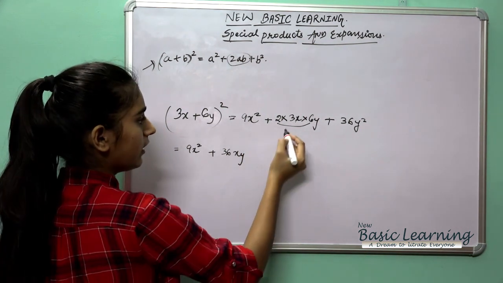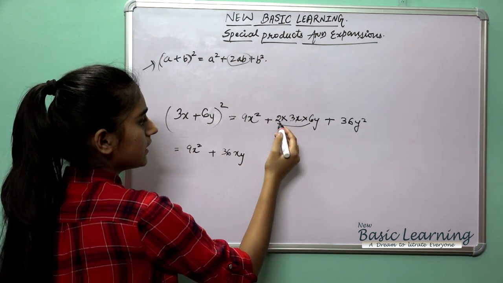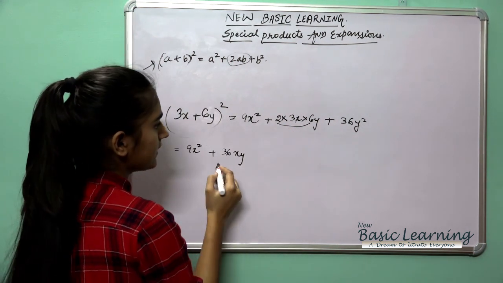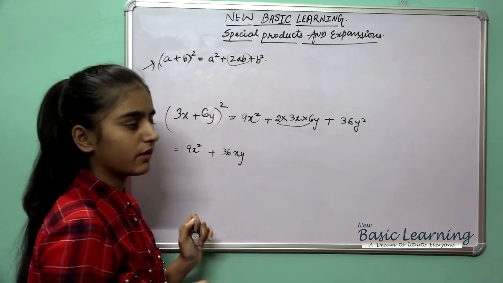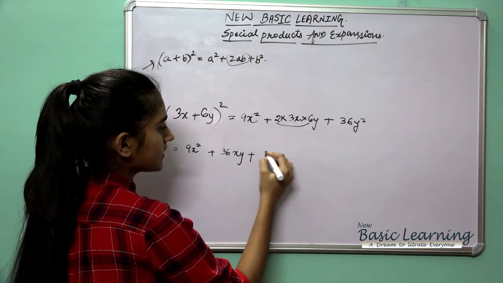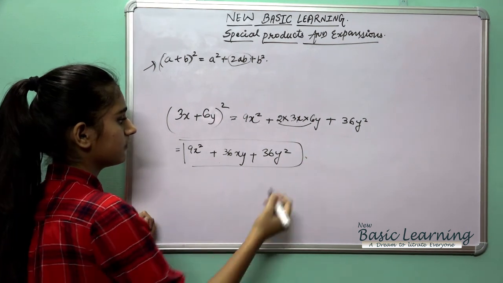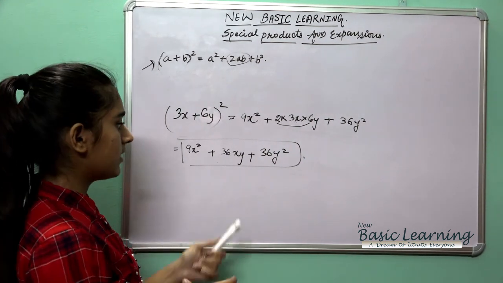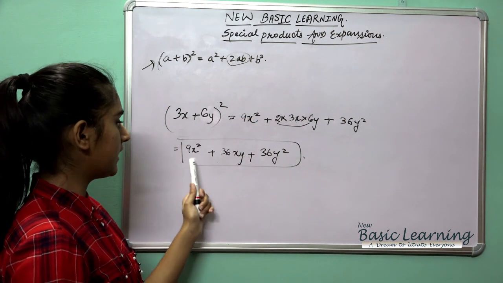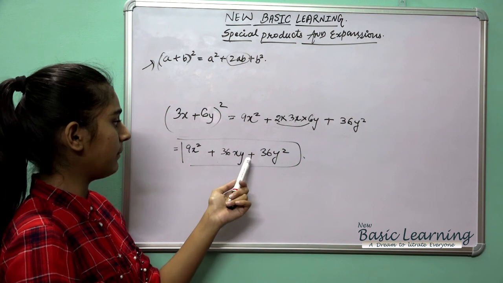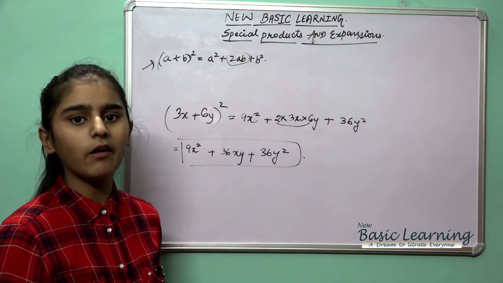I am telling you again, 3 into 2 gives you 6, and 6 into 6 gives you 36, and x into y gives you xy. Next, plus 36y square, and it is complete. This was the question related to this formula, and we have calculated the values, that is 9x square plus 36xy plus 36y square. This is the final answer that we get. Now I will take another example.